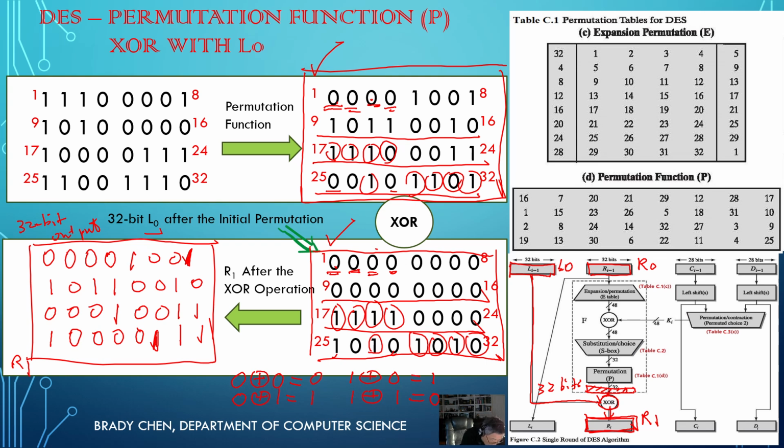Now, what is the left side of the output? The L1. It's very straightforward because if you look at this diagram, L1 is actually R0. Okay, so L1 is R0. So now we got L1 and R1, which is the output after round 1.